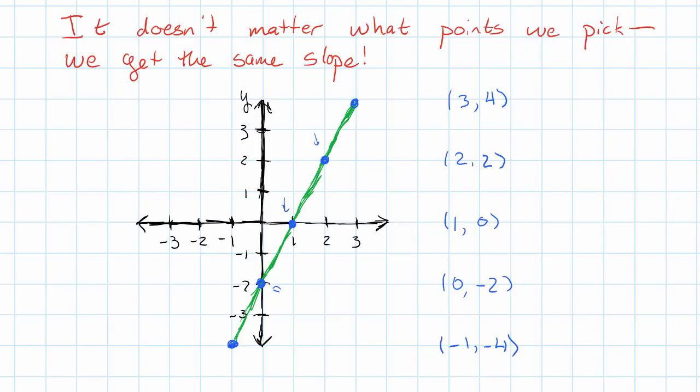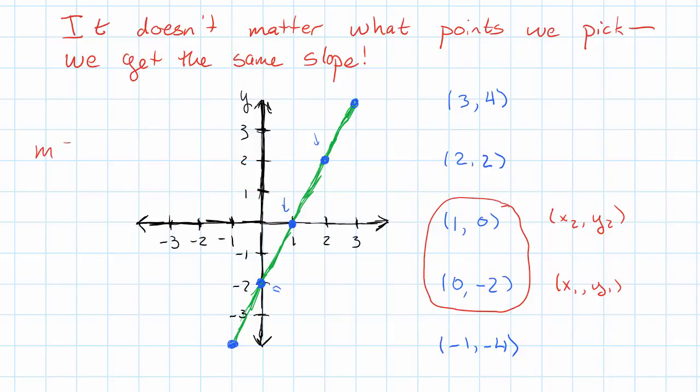What does the slope look like? Well, let's say I want to calculate the slope using these 2 points. I'm going to call this point x1, y1, and I'm going to call this point x2, y2.